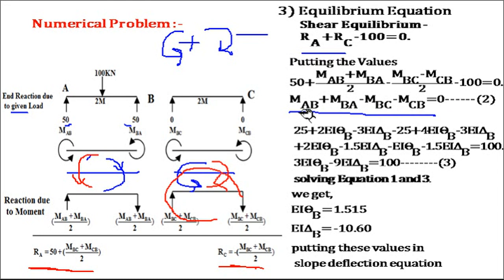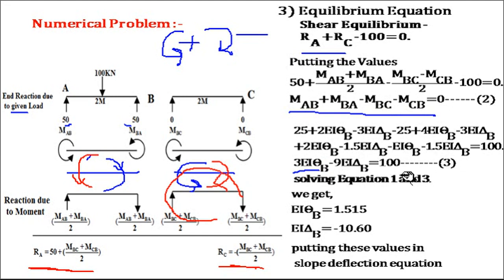Now already by applying the slope and deflection equation for member AB, BA, BC and CB, we have found out this equation. So putting those equation here, for MAB, MBA, MBC and MCB, if you put here in this equation number 2 and if you solve it, we get the equation that 3 EI theta B minus 9 EI delta B equal to 100.